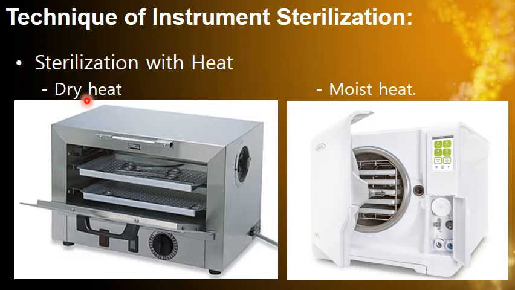So it's not only reaching the proper temperature, but also maintaining this temperature for the appropriate amount of time specified for it. As I said, at 170 it should be 1 hour. If it's 160, it should be 2 hours. If it is 150, 2 hours and a half. So, as we see here with dry heat, we have a problem, that is the time. The time is long for the sterilization.